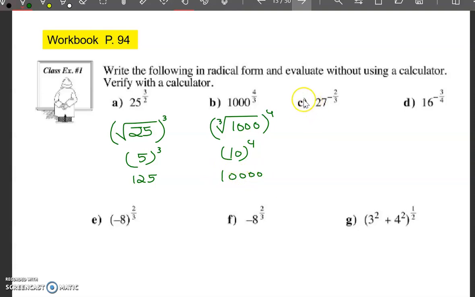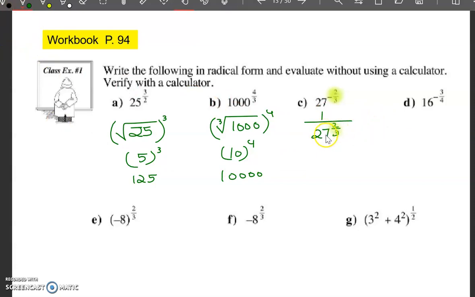Example number 1C actually has a negative in here, so we have to do that one minor change. We have to write it as 1 over 27 to the power of 2/3. This is so that we can convert this negative into a positive power right here.